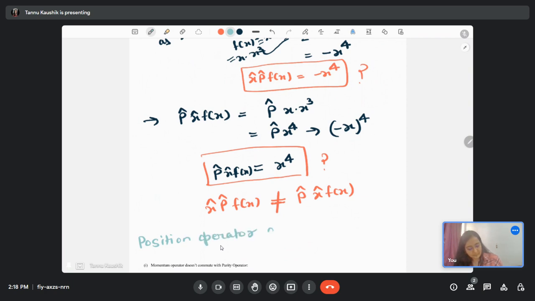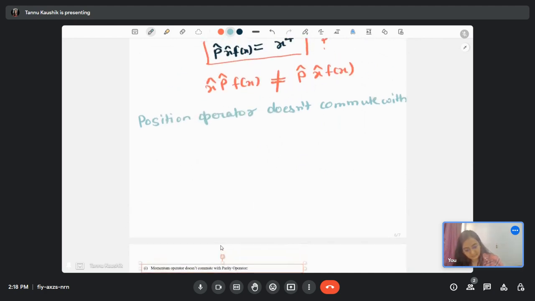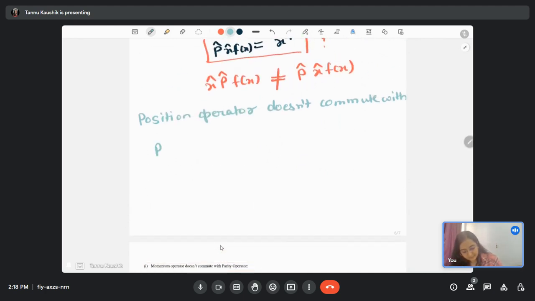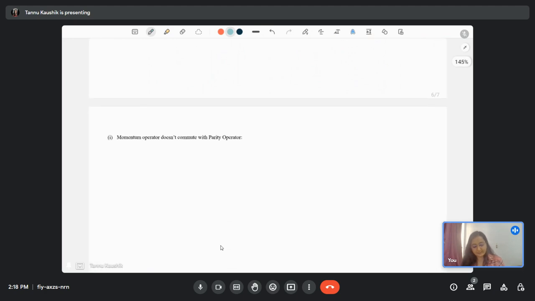So therefore we can say that the position operator doesn't commute with the parity operator.